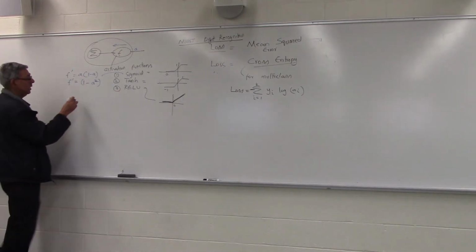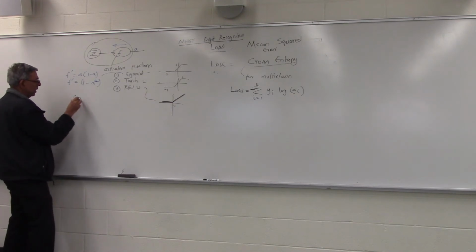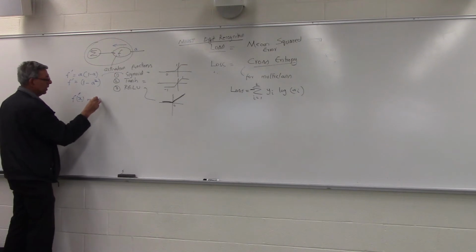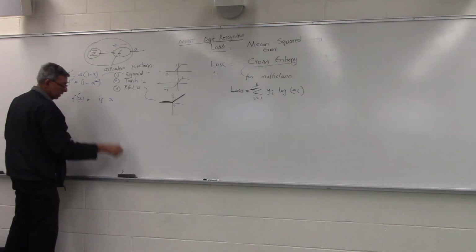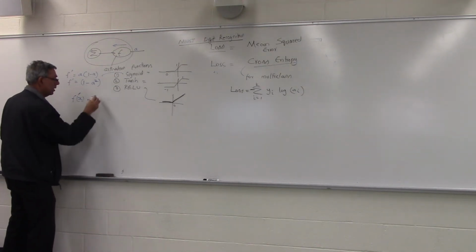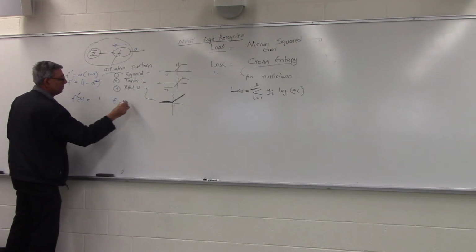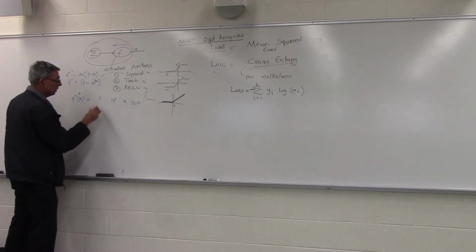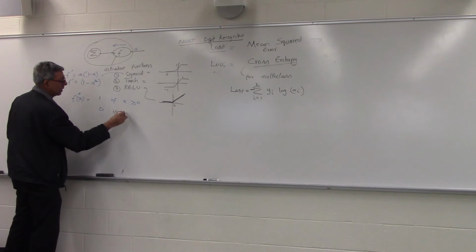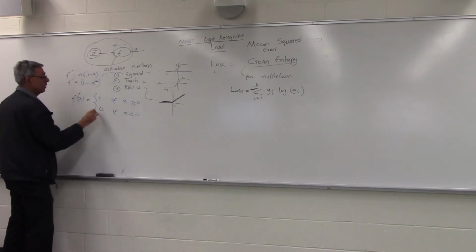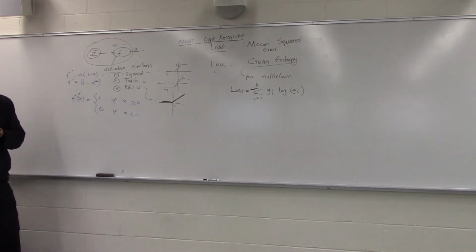As you can see, for f prime of x for the ReLU, it will be 1 if x is greater than or equal to 0, and 0 if x is less than 0, right? So we can easily figure out the derivatives for the 3.